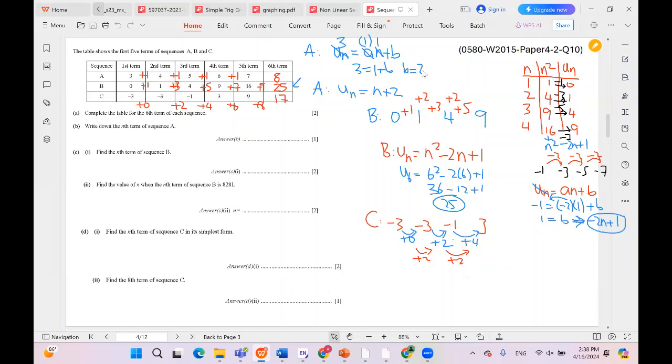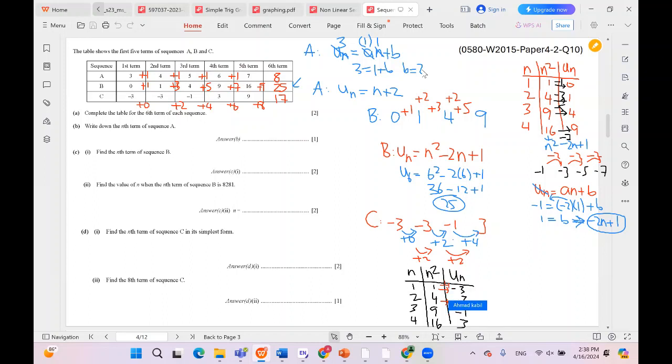We can create the table n, n squared, and un. So 1, 2, 3, 4, 1, 4, 9, and 16. And un here is -3, -3, -1, and 3. So to go from 1 to -3, you do -4.